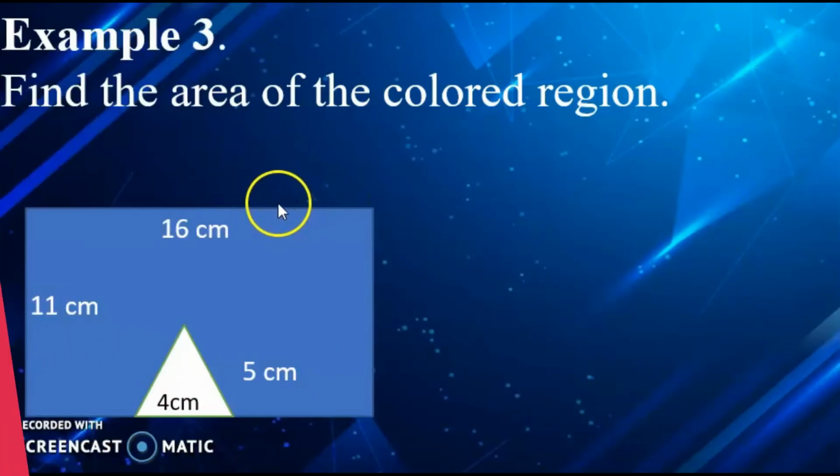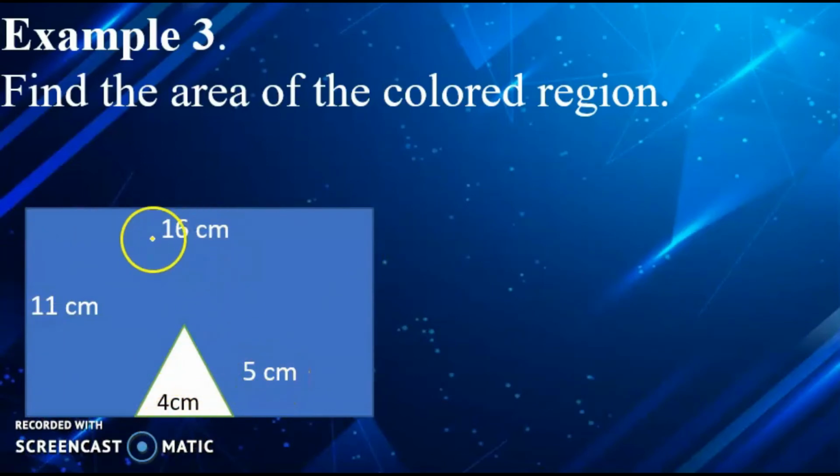Okay, so another example, find the area of the colored region. So, colored region, itong blue. Okay, kukunin natin yung area. Okay, so first, parang yung kanina sa pool. So first, we have to find the total area of this rectangle and then subtract natin yung area ng triangle.